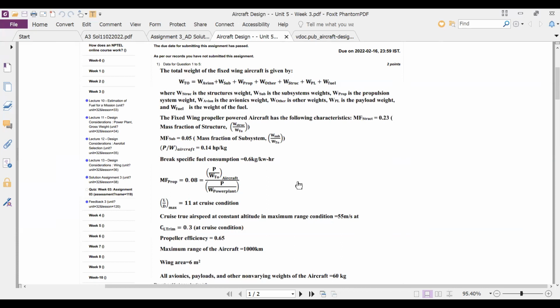That ratio you can try to compute, and you will get the answer when you use the right units. Keep in mind you have to use the right units, specifically for the brake specific fuel consumption. The units are not right, so you have to get that in proper MKS format, and you could try to use the range formula.